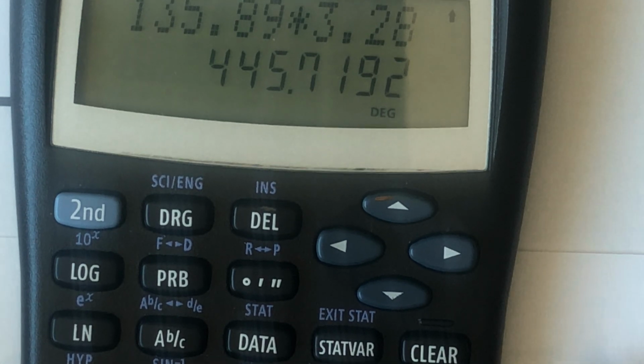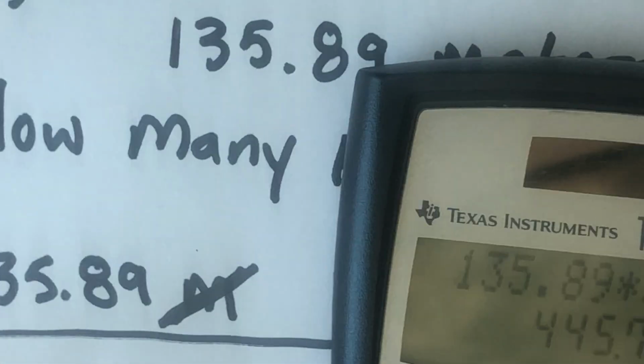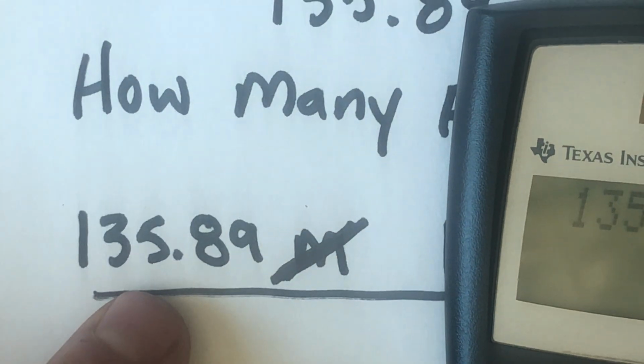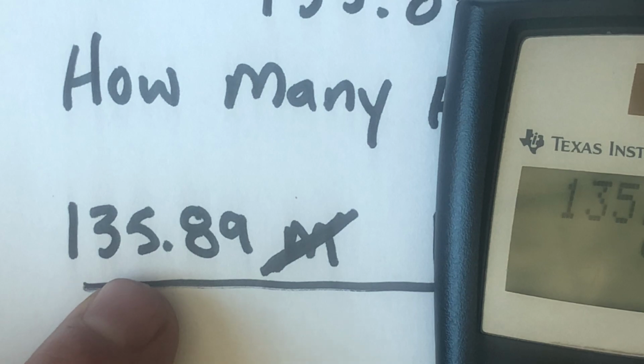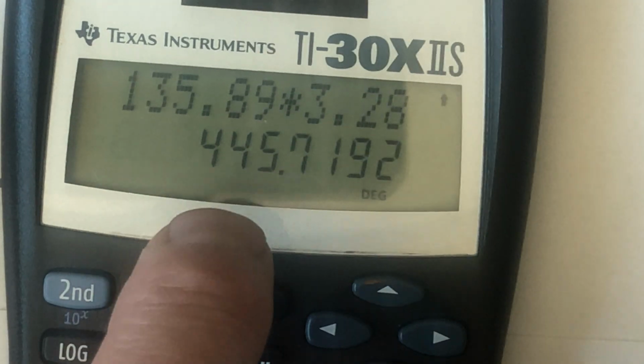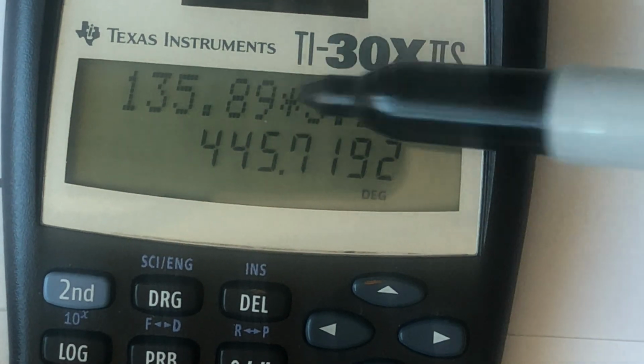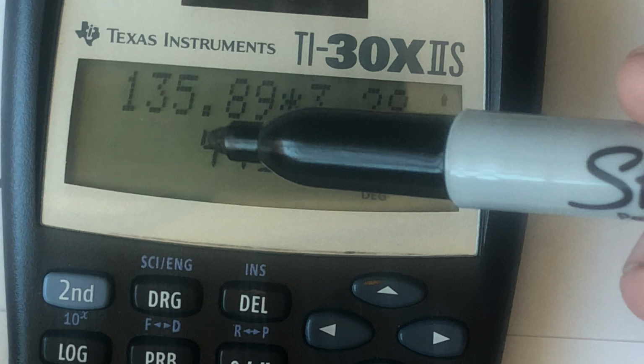We've got to round it to the nearest number of significant figures from the problem. And since this was our original measurement with 5 significant figures, we've got to trim this number down to 5 significant figures. And so all we have to do is count out our 5.